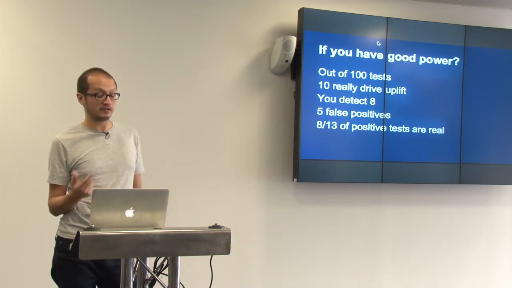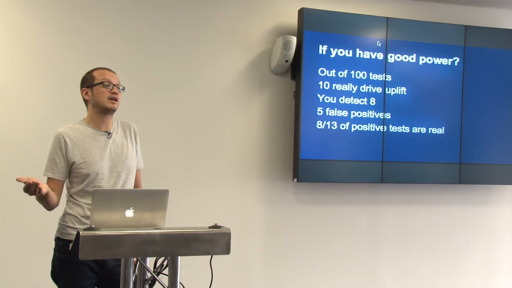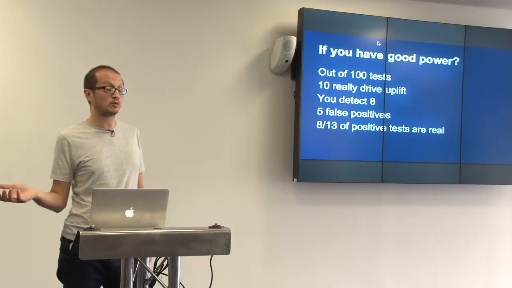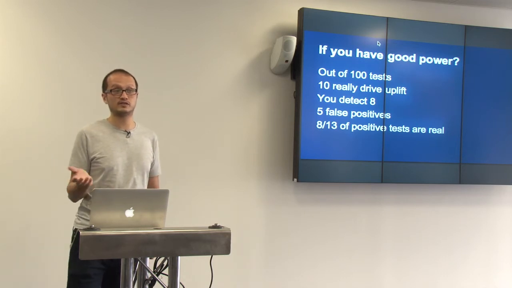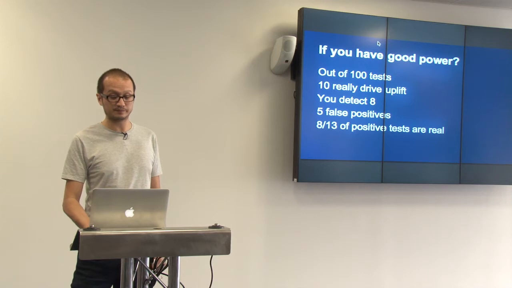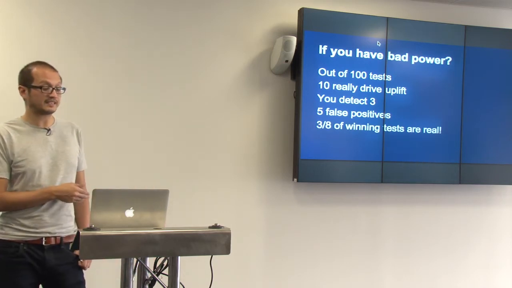You detect 8 of the true effects, so 8 out of 13, that's about 63% of your positive tests being real. In practice, that means if you implement all of the positive results from your tests on your website, only 63% of those changes were actually valid, and the rest were a complete waste of time. That's if you have good power, but let's say you have bad power.